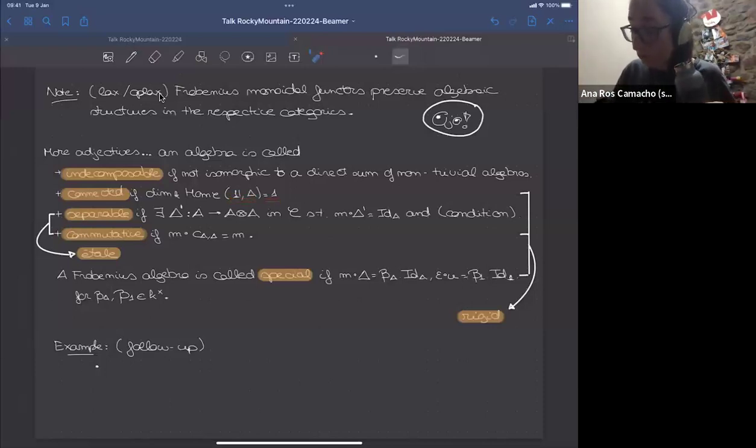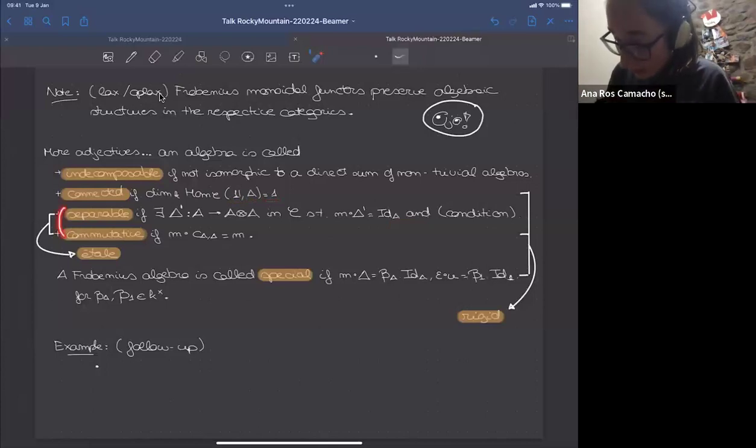Separable: if you have a co-multiplication satisfying certain conditions. Commutativity: if you multiply two objects, it is the same as if you swap them and multiply again. So changing the position doesn't change anything.